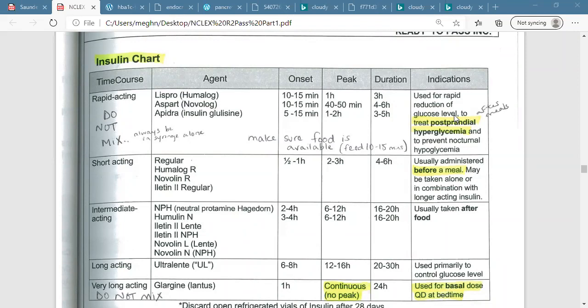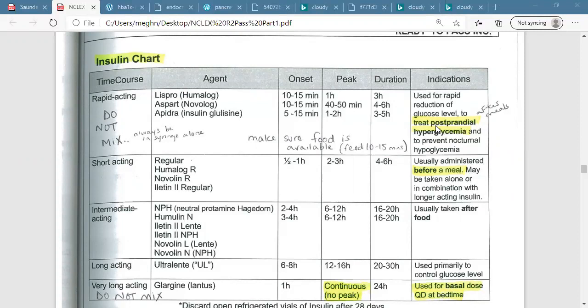Just give one dose of rapid acting insulin and blood glucose goes down. They also treat postprandial hyperglycemia. What does it mean? Postprandial means after food, after lunch or dinner. If there is more food, there is a chance of increase, and at that time we can give it, right?